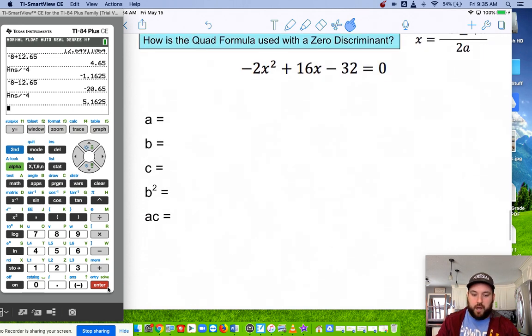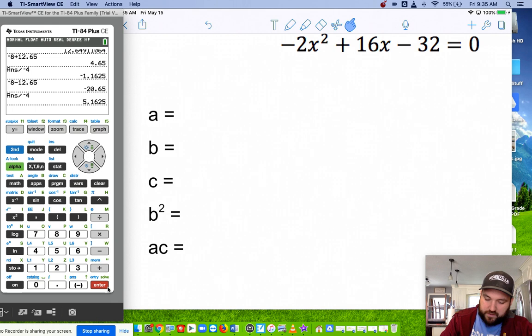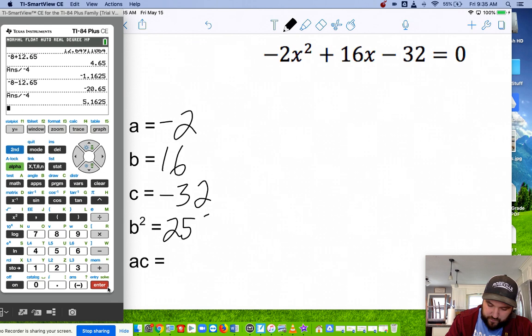Wow. All right. So I just want to show you real quick what happens if the discriminant is 0. So I'm telling you right now the discriminant is going to end up being 0, and I want to show you why that means we only have one solution. So negative 2, 16, negative 32. 16 times itself is 256, and negative 2 times negative 32 is positive 64.